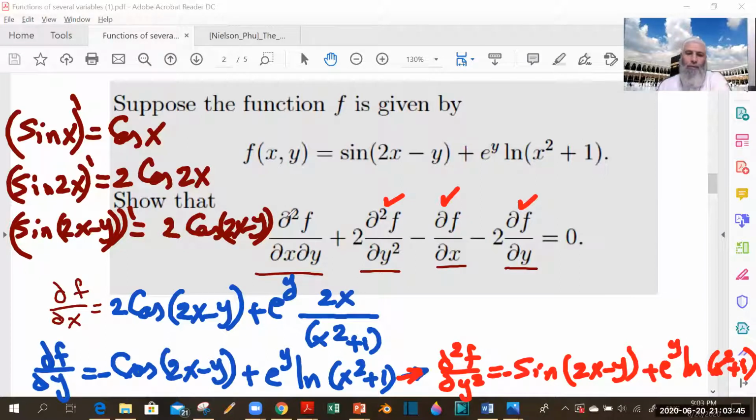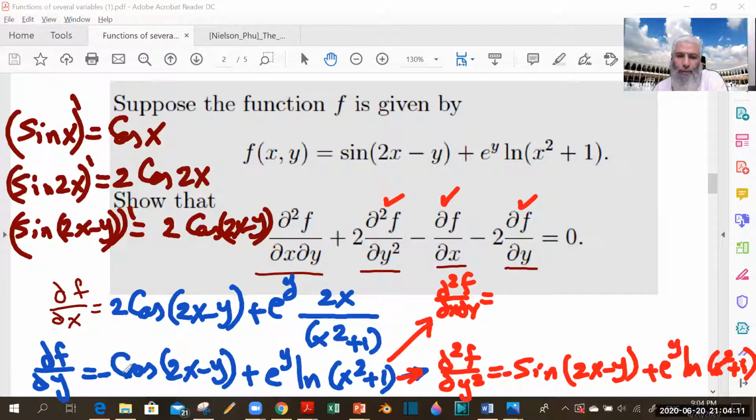We will have the derivative from here. d2f/dx dy: we will take the derivative of this with respect to x.